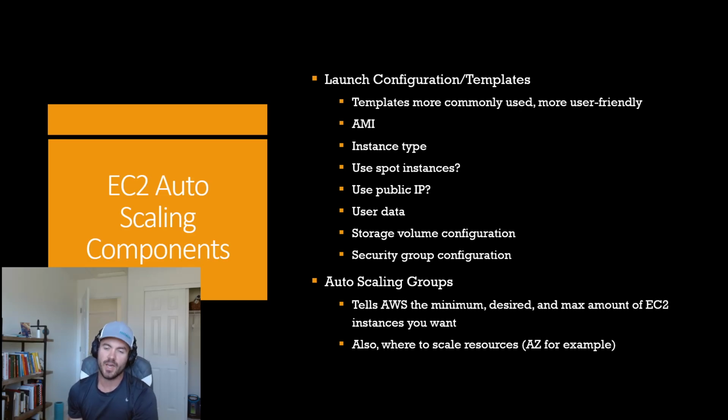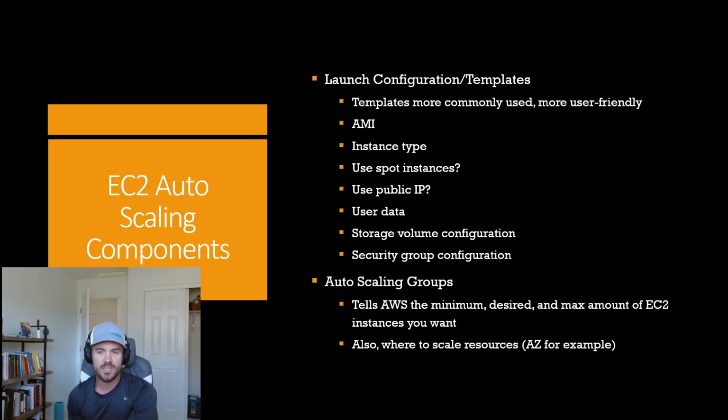Do you want to use spot instances? You can say yes or no to this on your template. Do you want to use a public IP address, or do you just want to have an internal private IP address because this isn't going to be a public-facing instance? Do you want to have some kind of user data that installs some kind of application or something else when your instance boots up?